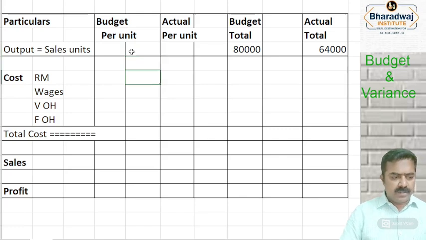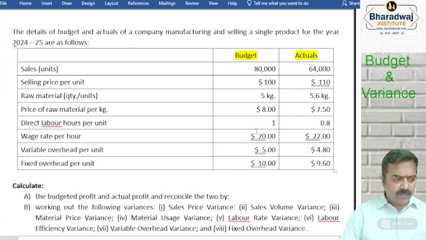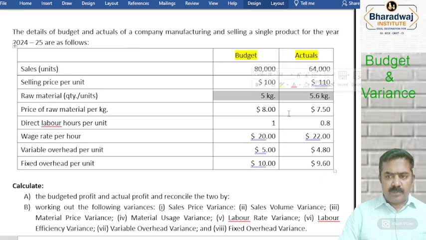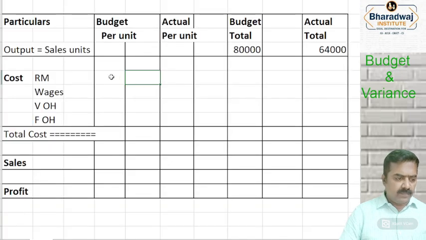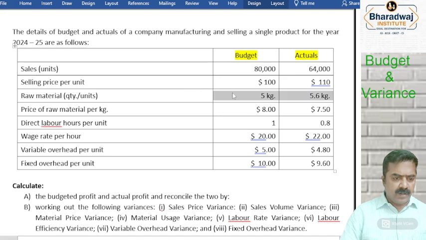Raw material cost is 5 kg into 8 rupees, which is 40 per unit.